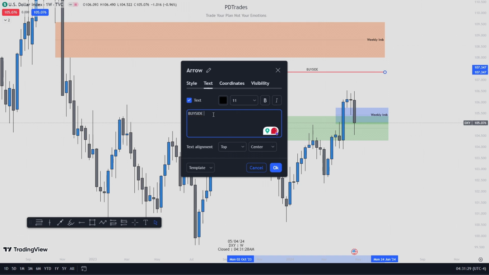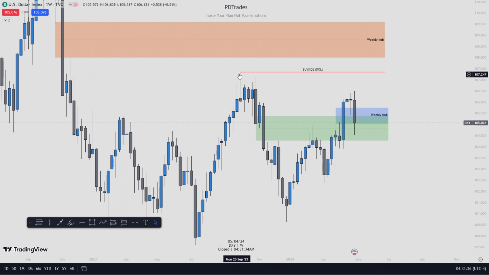So this area is my draw on liquidity for next week. This high here, I want to see it break this liquidity, this buy side liquidity, and enter this weekly imbalance here.